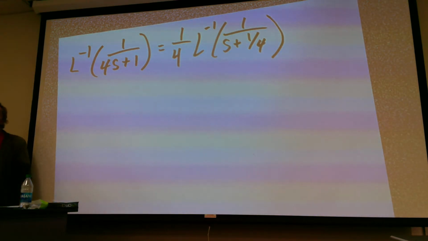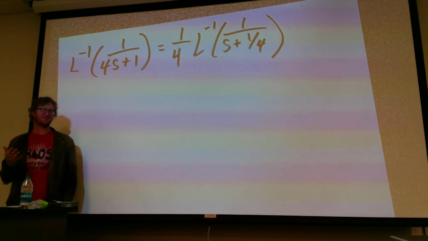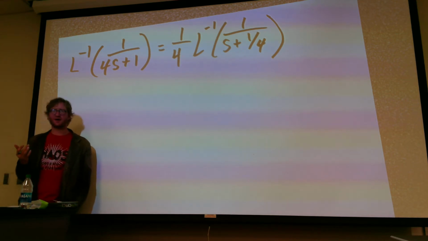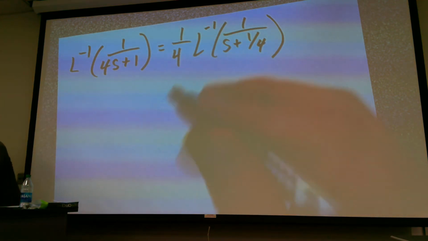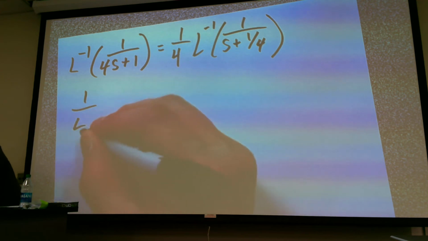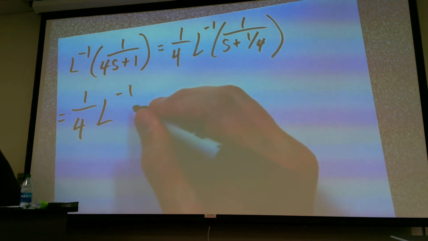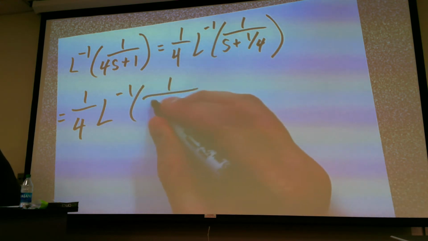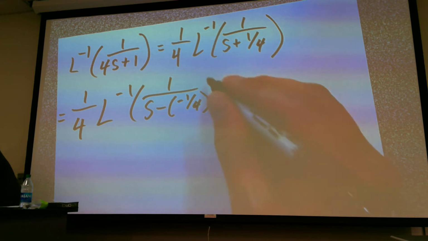But the formula says 1 divided by s minus a, and I've got s plus a at this point. Can I turn this into subtraction? Yes, I can. This would be 1 divided by 4 times L inverse of 1 divided by s minus negative 1 divided by 4.